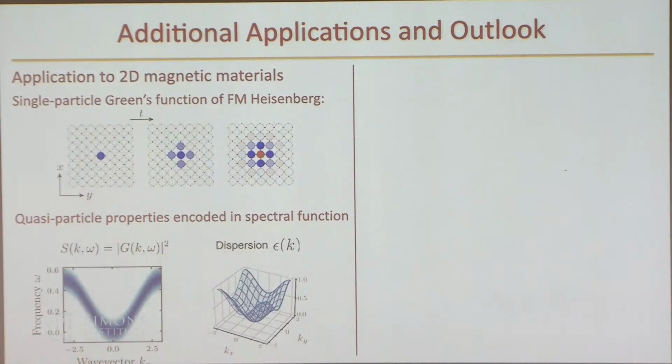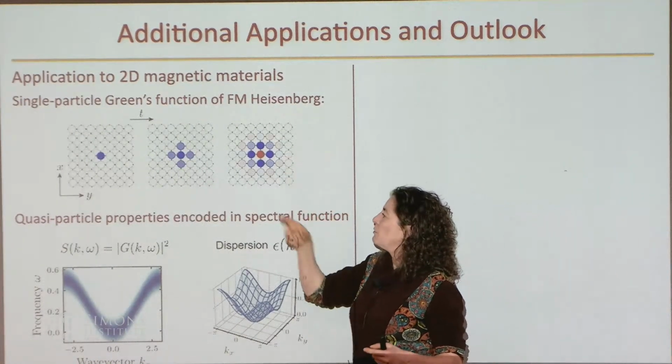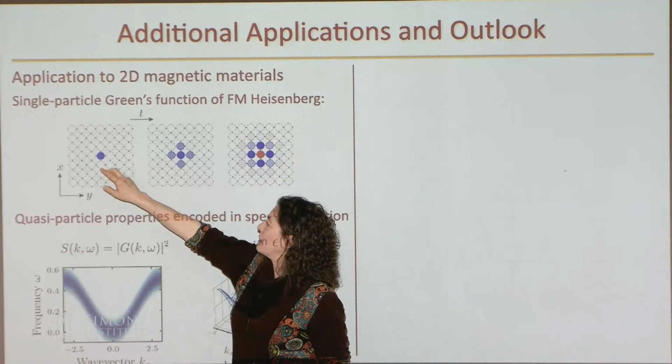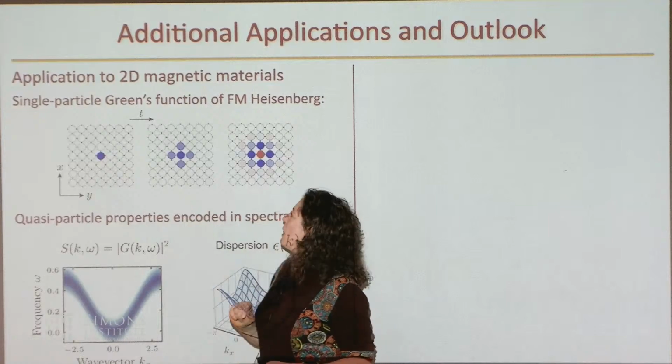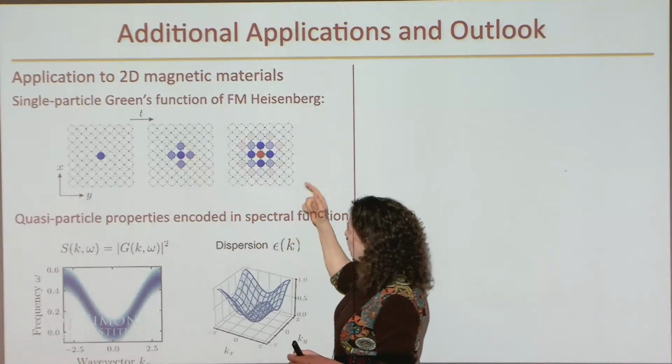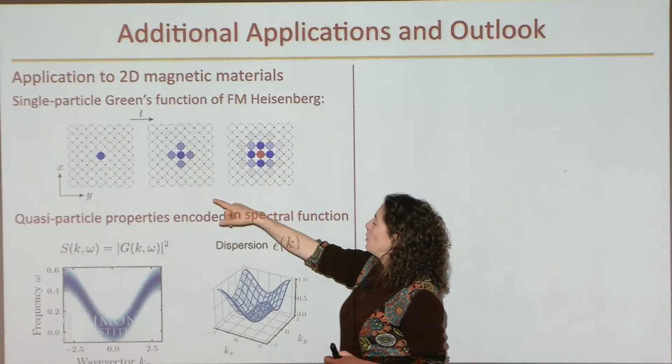What we get is the single particle Green's function, which is basically the X operator of somewhere in these surroundings. So we start with a starting state where we flip one spin in the middle, and then we let it evolve, and then we compare.